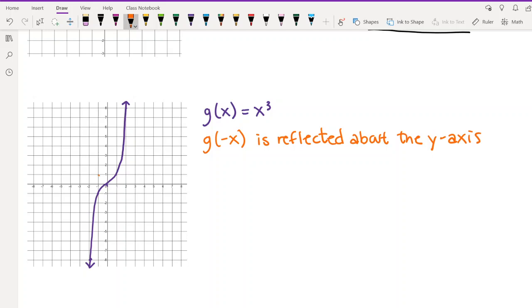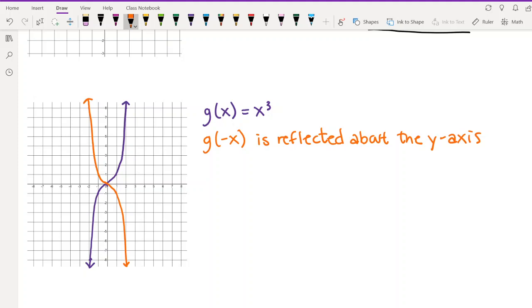Well, that will give us a graph that looks like this. So you can do this again, as you hopefully remember from earlier videos. You can do this reflection by just switching the sign of every, in this case, every x coordinate, right? Because when you switch the sign of the x coordinate, that gives you a reflection over the y-axis, which is a horizontal reflection.